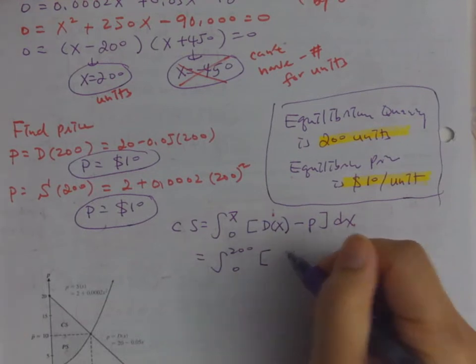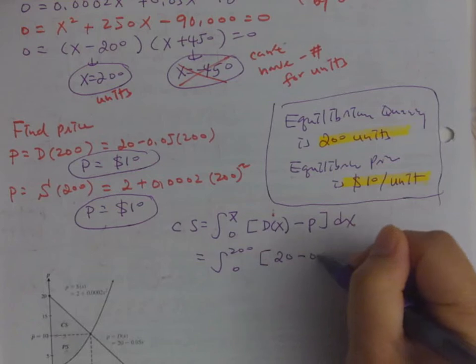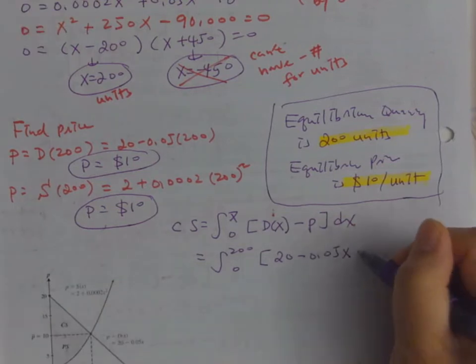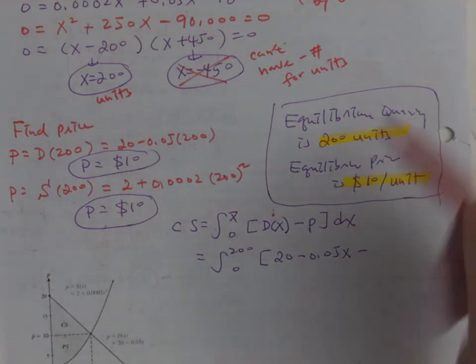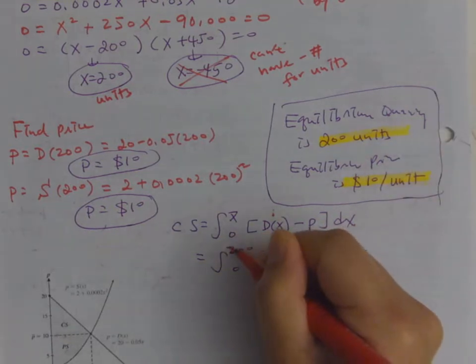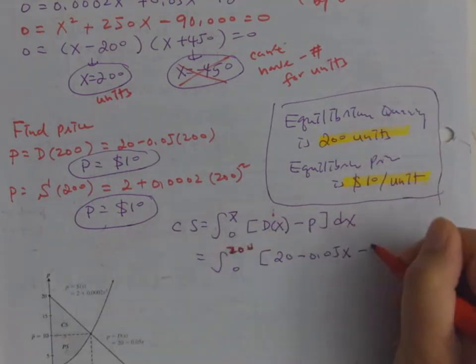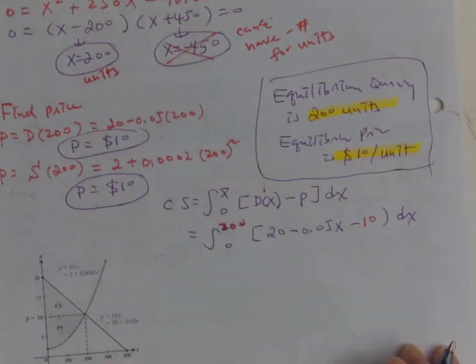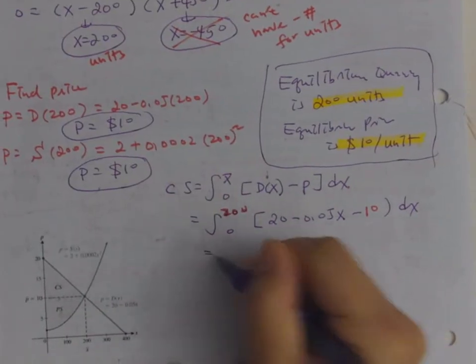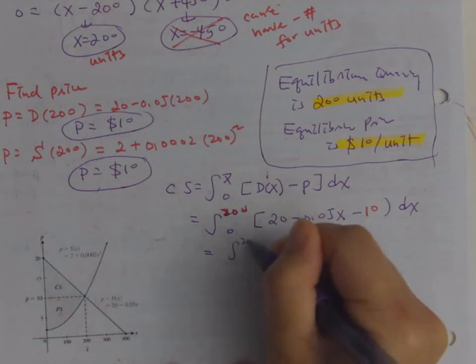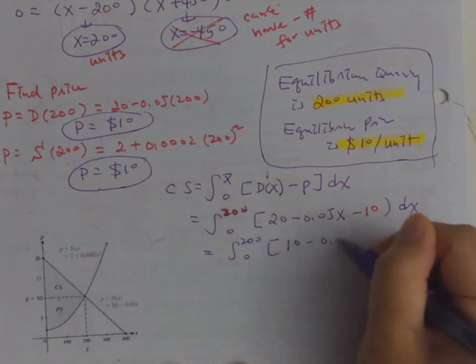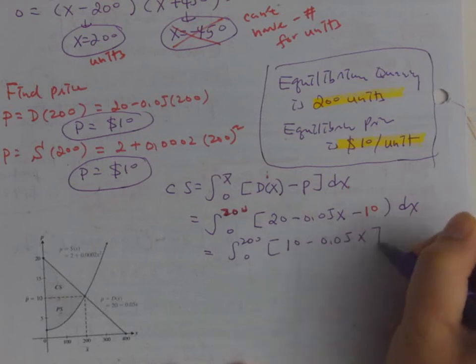The demand function is 20 minus 0.05x, and then we subtract the price. I'm sorry, this is 200 that we just plug in, and subtract $10 here, and then dx. After we combine like terms, this will be the integral from 0 to 200 of 10 minus 0.05x dx.